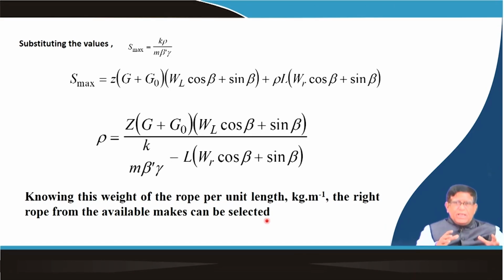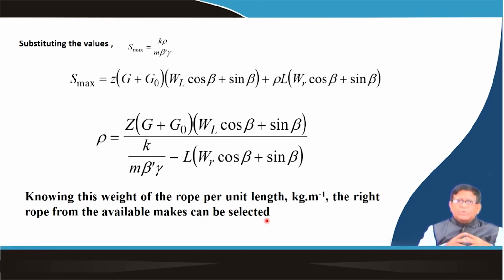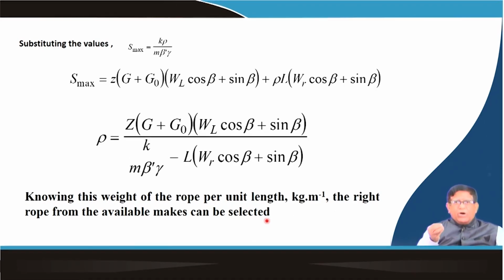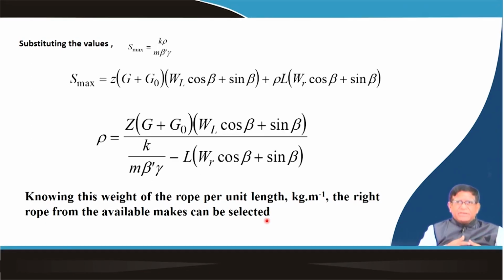Now, why I have put this on today is that you can do these things by a simple Excel based calculation system, or you can make a mobile app as a rope selection tool.